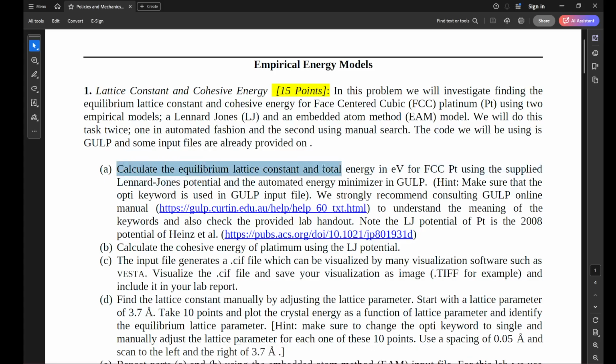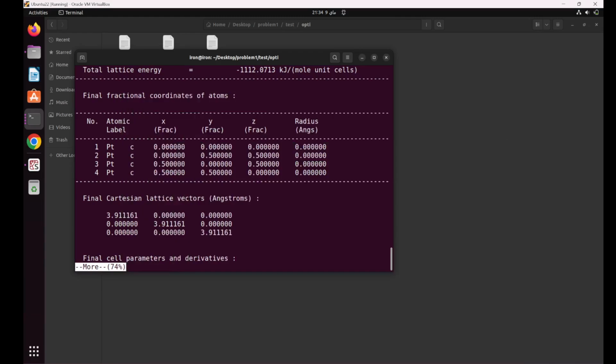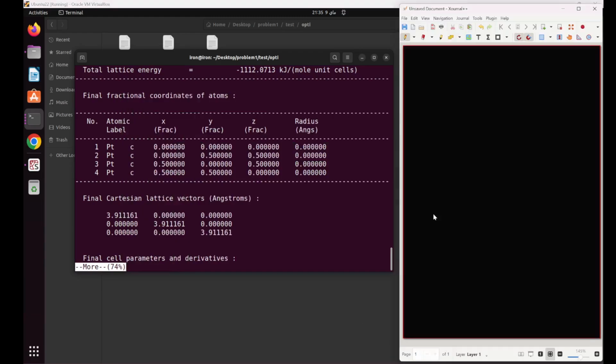Calculate the equilibrium lattice constant and total energy in electron volt for FCC platinum using the supplied Lennard-Jones potential. In fact, we answered both of them. So we can now write that the optimum lattice constant based on the Lennard-Jones potential is 3.911 angstrom. We will compare this in the later part of the question with experiments.